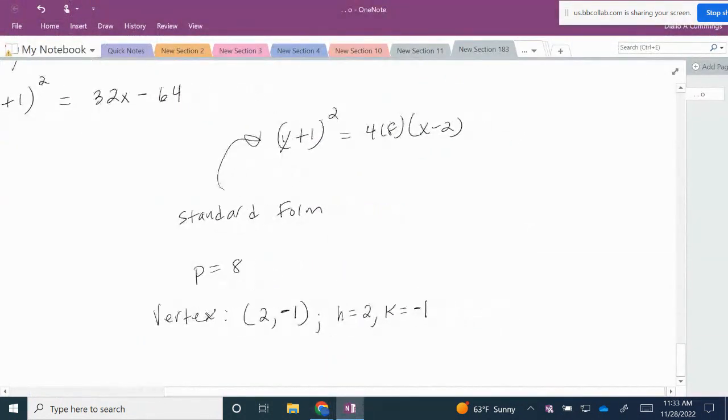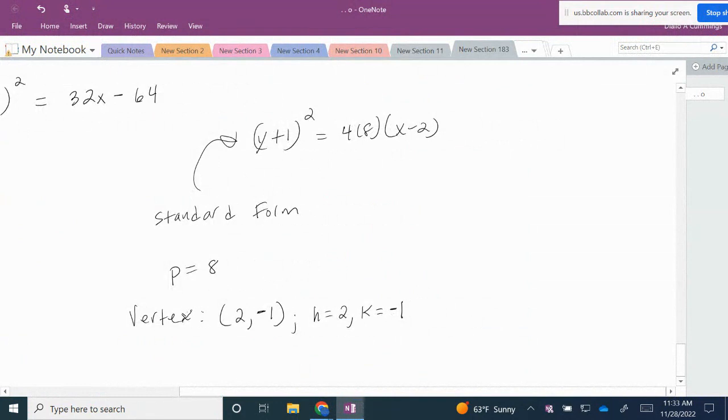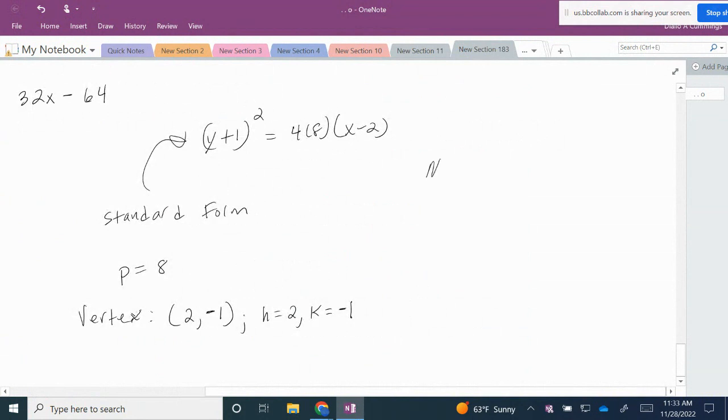This is why your vertex will change. So we have the model form y minus k quantity squared is equal to 4p times x minus h.